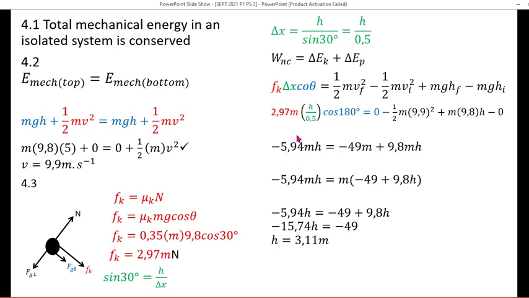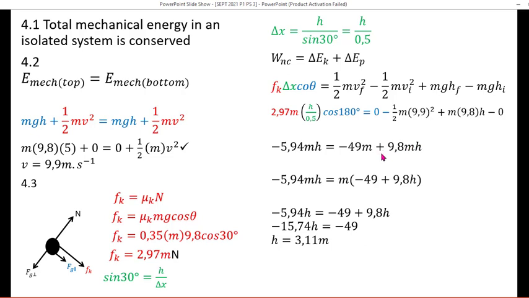0.5 gives you 5.94. The m is there, and h is still there, and cos 180 is negative, so we get negative 5.94 mh is equal to, then this side, when we simplify this expression, we get negative 0.49 m, plus, and when we simplify this side, we have 9.8 mh.